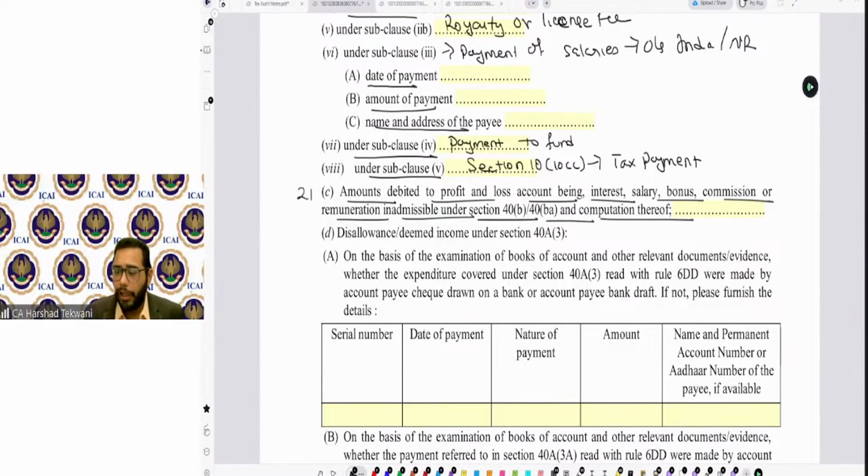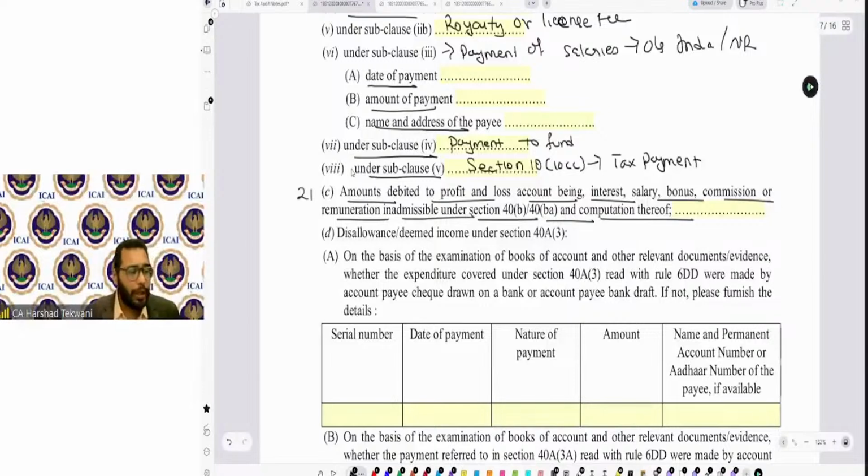40BA basically lays down that any interest or remuneration paid by an AOP to its members shall not be allowed as a deduction to the AOP. So accordingly, if any payments are made under section 40B, 40BA with respect to interest, salary, or remuneration, then based on the relevant section, we need to perform the recomputation and check whether any amount is inadmissible.